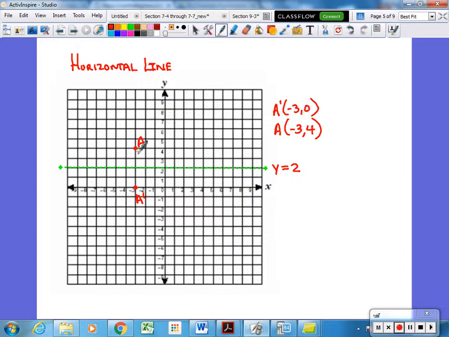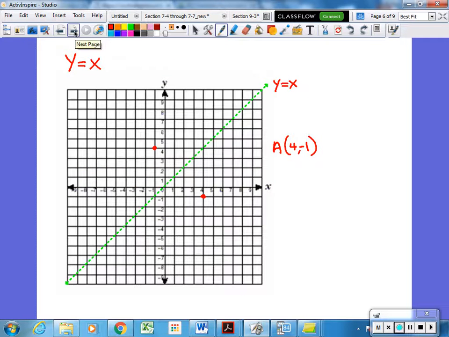So again, 2 blocks above, 2 blocks below. You don't have this pattern where the y values become opposite of one another, but what you do have is that the x values remain the same. So again, a horizontal and a vertical line are clearly best case scenarios when reflecting.